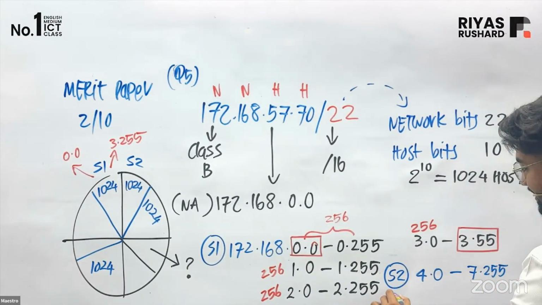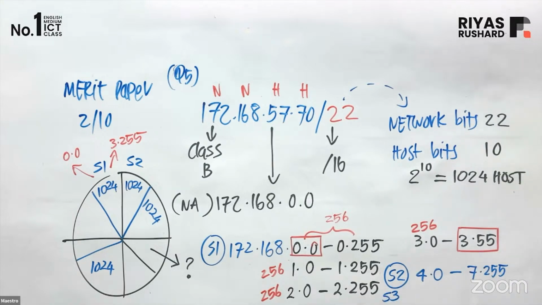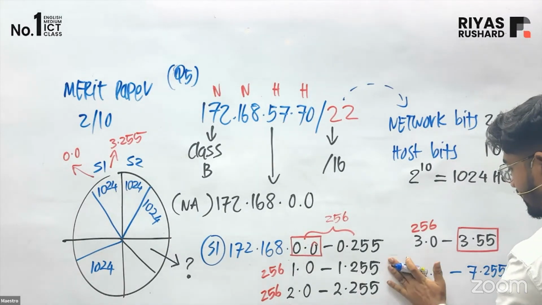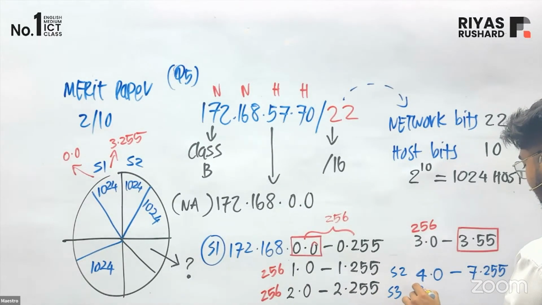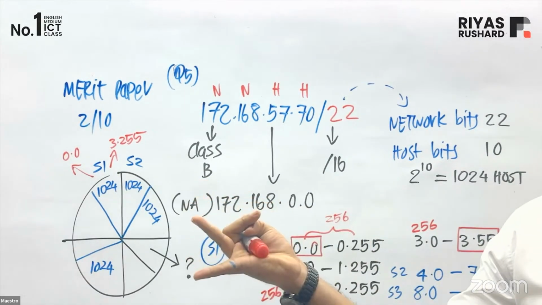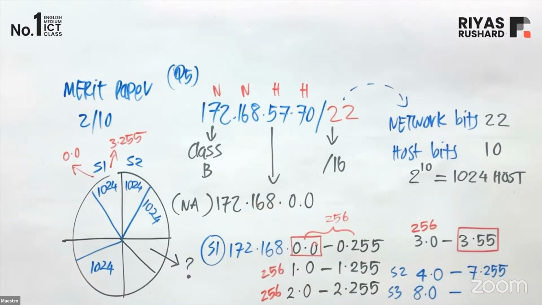Okay, what about S3 then? 8.0 till what? 8, 9, 10, 11, so 11.255.